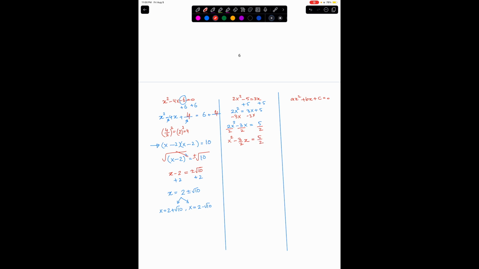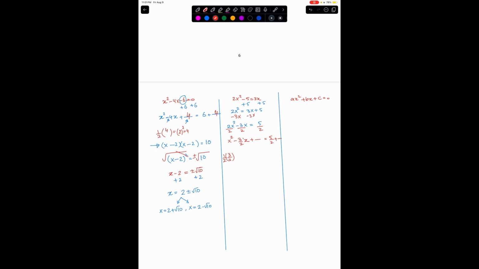Now, we're going to add the magic number. Let me actually leave a spot for the magic number. So we want to say plus some magic number equals 5 over 2 plus some magic number. That magic number is the middle term halved. So 3 over 2 times 1/2. I should do the same here. 1/2.